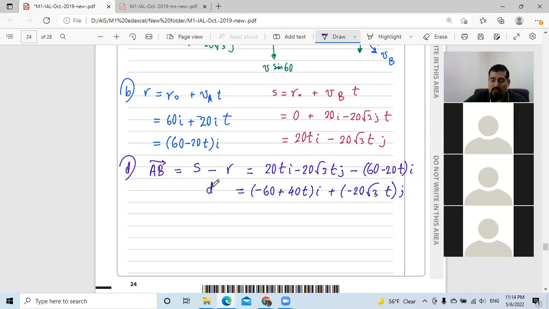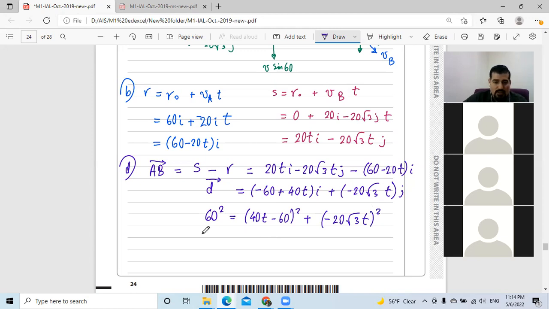Now this distance, or this displacement as a vector, is supposed to be equal to 60. So taking the square root of the whole thing, 60 squared equals this value, 40t minus 60 squared, plus this value, negative 20 square root of 3 t squared, and I will get a quadratic equation.